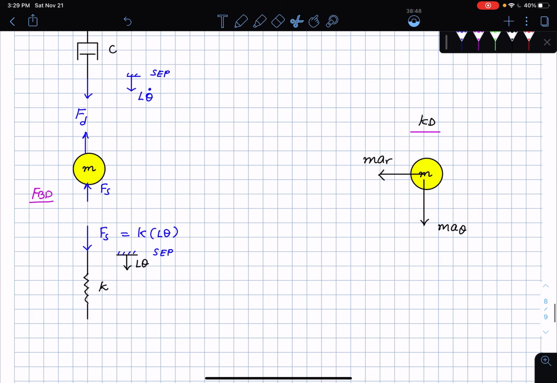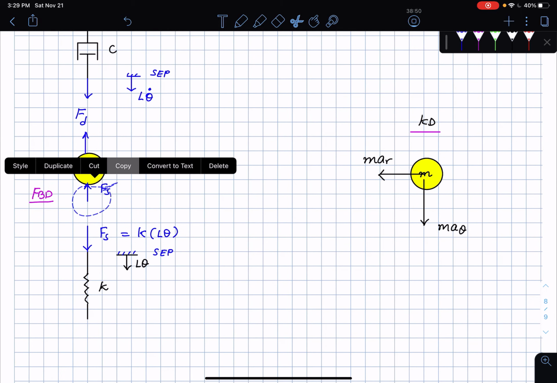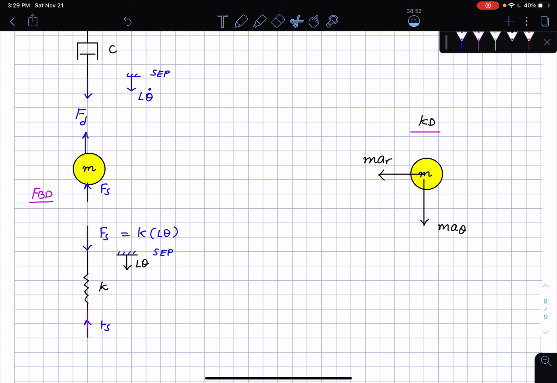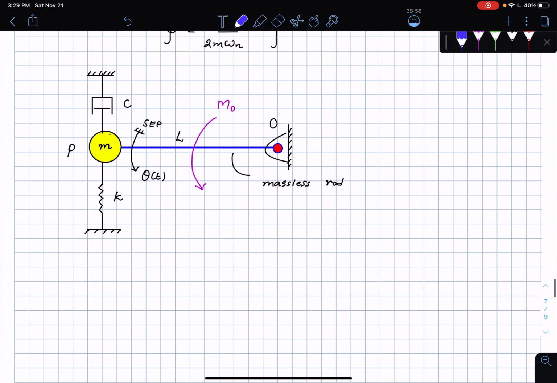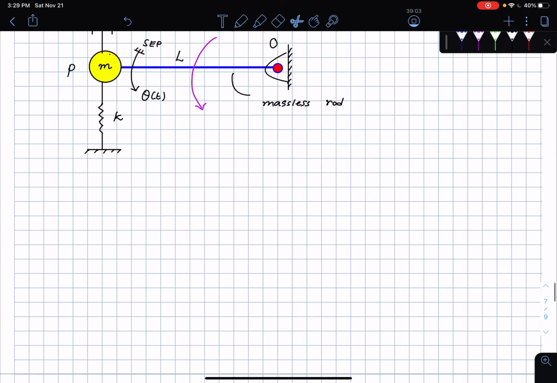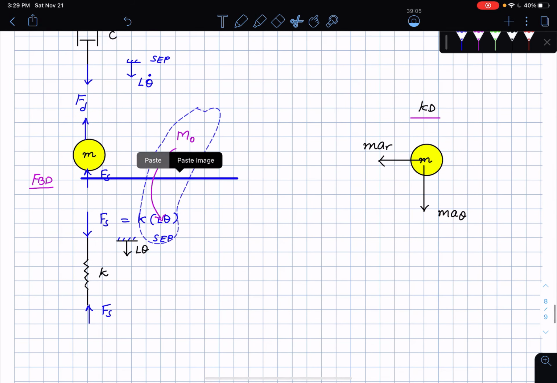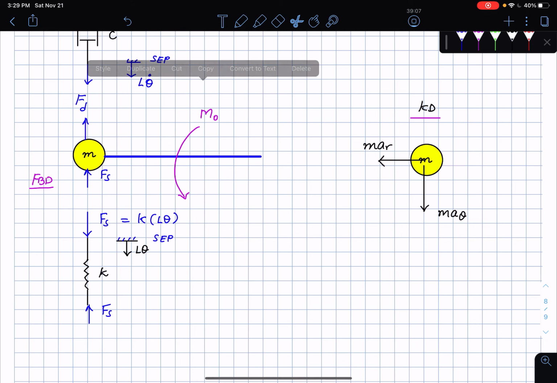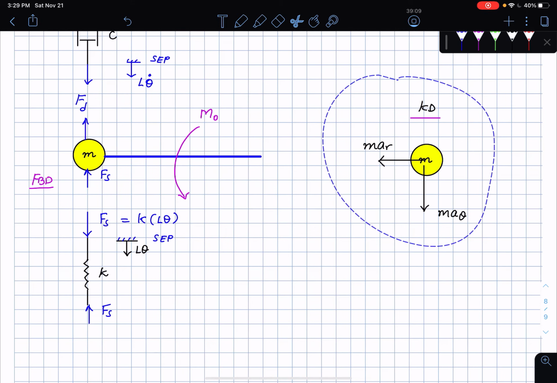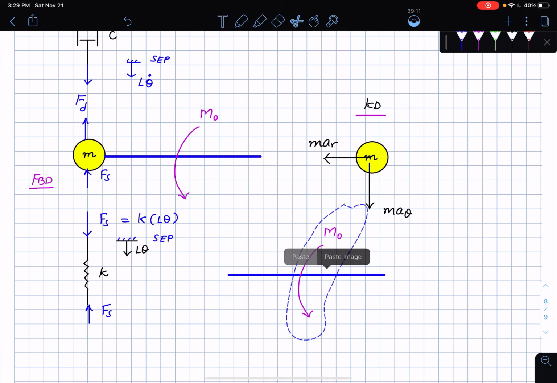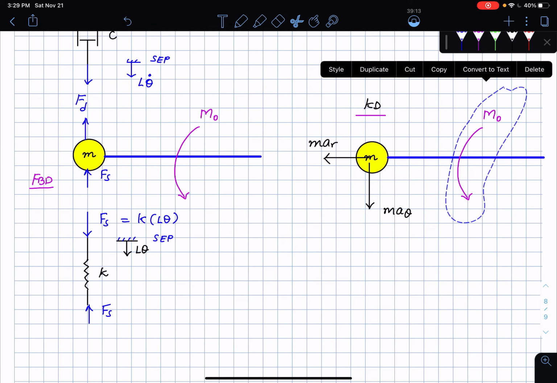And of course there is this force Fs which is acting here as well, so just make sure that you have that on there. So this is the force Fs which you have already taken into account. Now I'll show this here. Copy that and then bring that down here. And move this and then bring that down here as well.